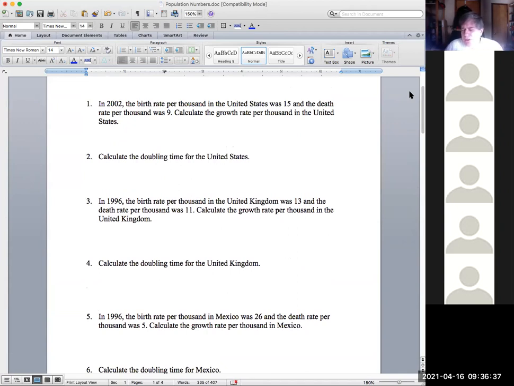So in 2002, the birth rate per thousand in the United States was 15. The death rate per thousand was 9. Calculate the growth rate per thousand. So if we look at the growth rate, remember that the growth rate is equal to the birth rate minus the death rate.